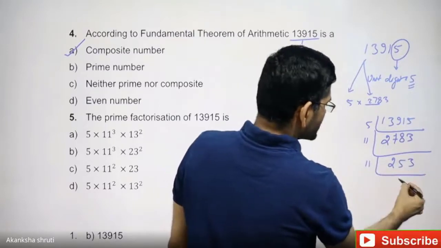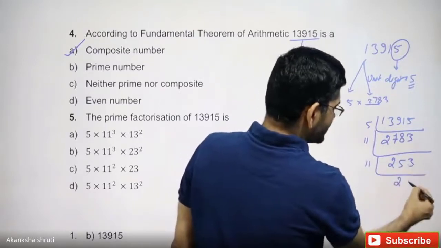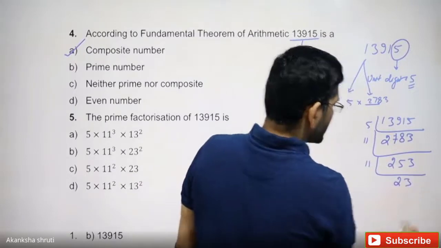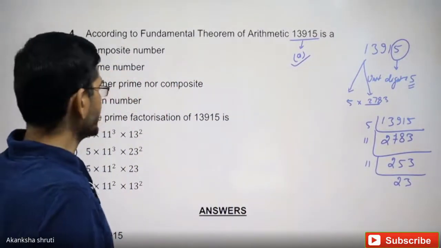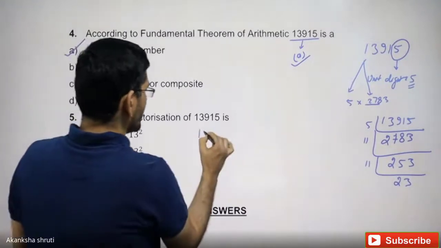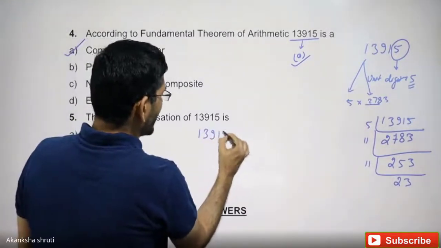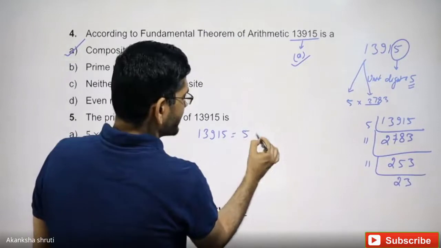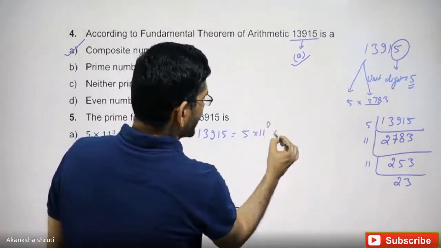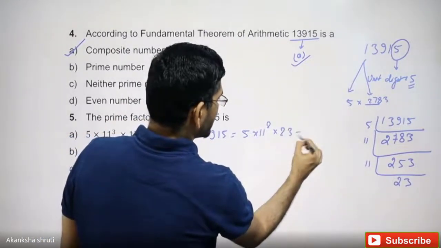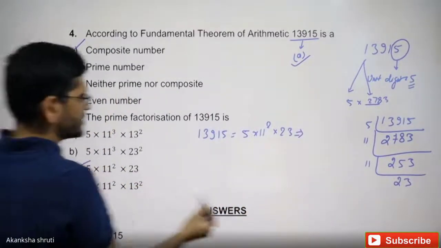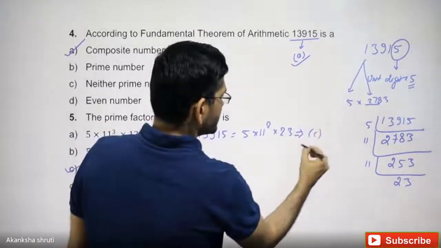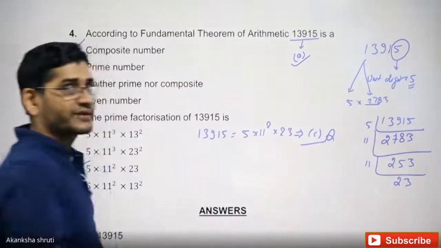So 11 2s are 22, 11 3s are 33. This way we are getting that 13915 is equal to 5 into 11 square into 23. This is matching in option C. Therefore, this C is correct. It's that much easier, students.